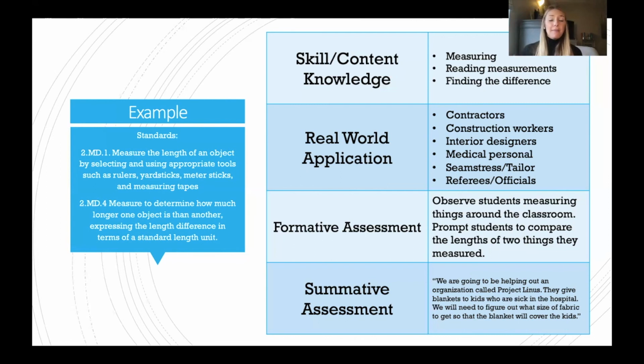And so for my summative assessment, I told the kids that we are going to be helping out an organization called Project Linus, and we need to measure out fabric sizes so that we can make blankets for the kids in the hospital. So measuring the length of ourselves as kids, adding some extra measurements to make sure that we have the correct measurements for the fabric to make the blankets.